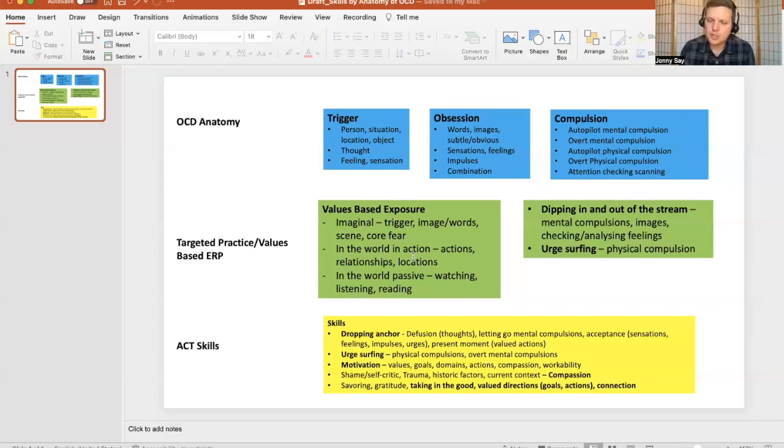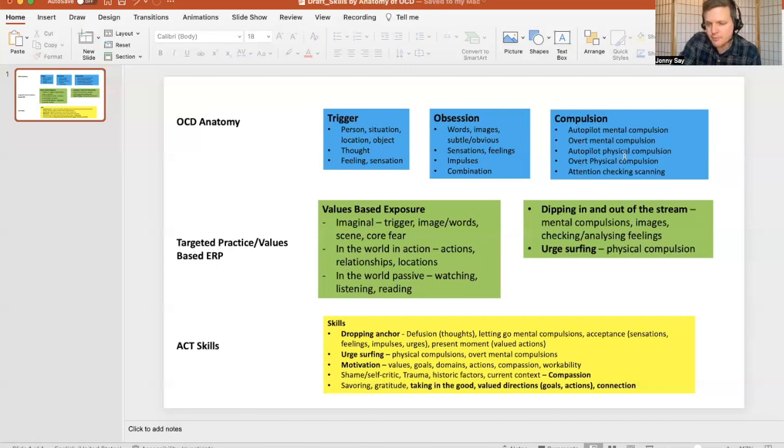No, we're trying to learn to use our ACT skills in response to the exposure work. The only function of the exposure work is to strengthen and deepen our ACT skills so that the OCD thoughts, the urges, and everything that makes up the anatomy is no longer a problem, and essentially we can let go of the compulsions.